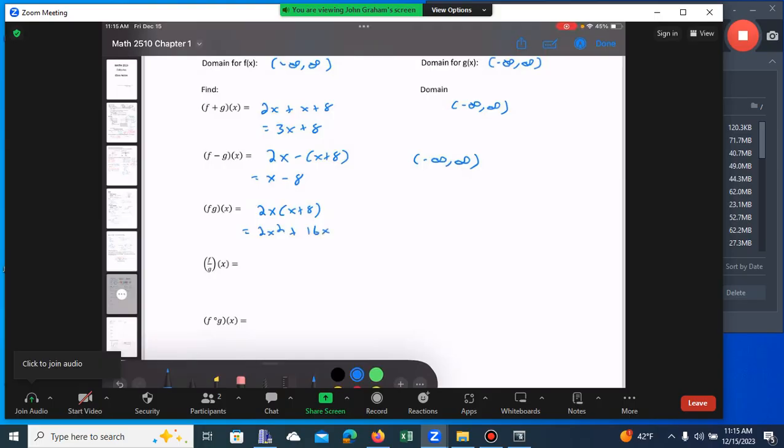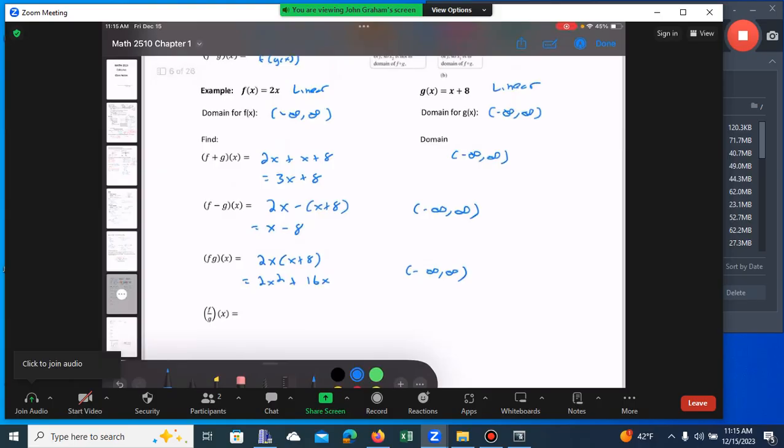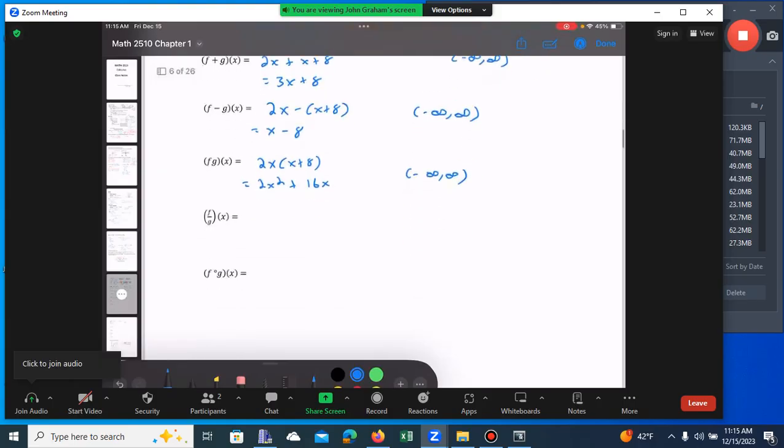This is just a quadratic again, no restrictions, all real numbers. Basically, when you're looking at domains, you just have to look at restrictions, restrictions for either function, restrictions for your composition function.